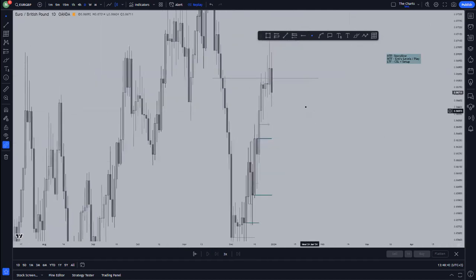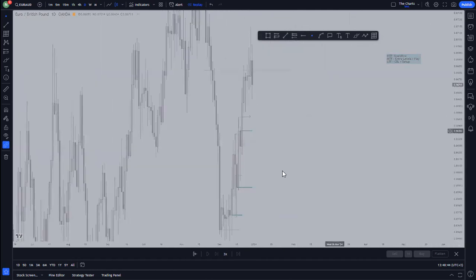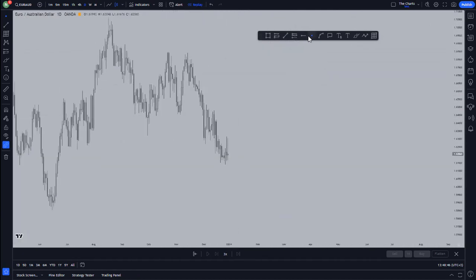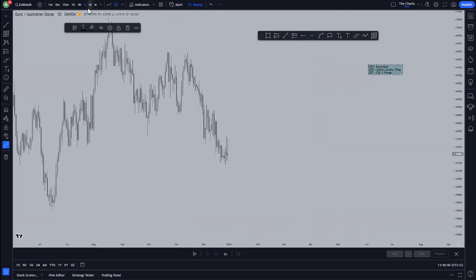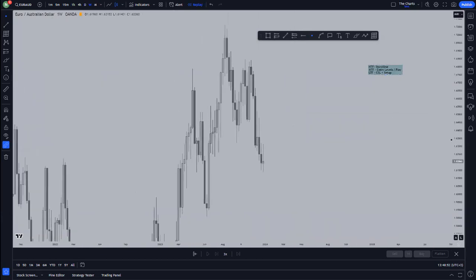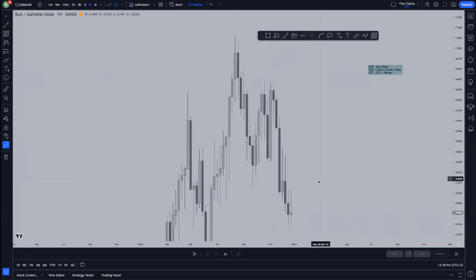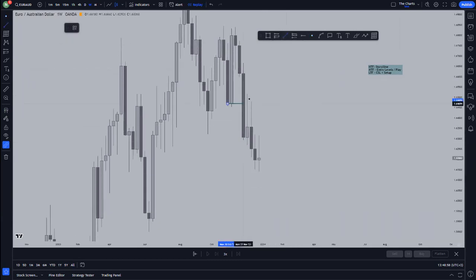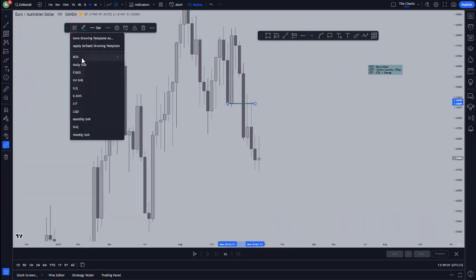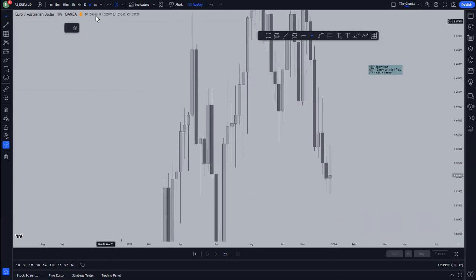So we can even go to another pair. You know what we do at the higher time frame? Weekly time frame, let's just look at this one right here. Weekly time frame, we have our next candle.